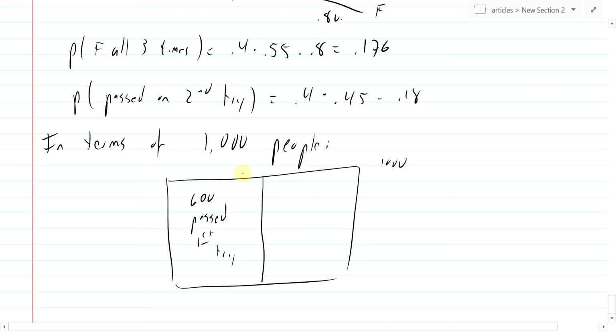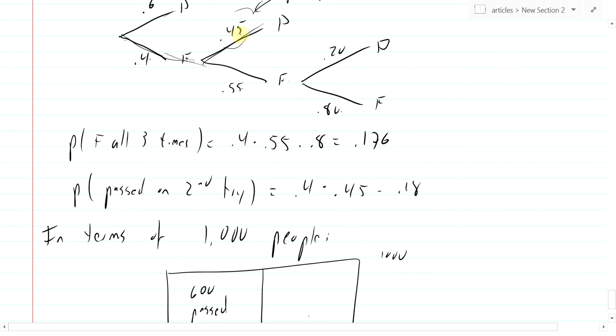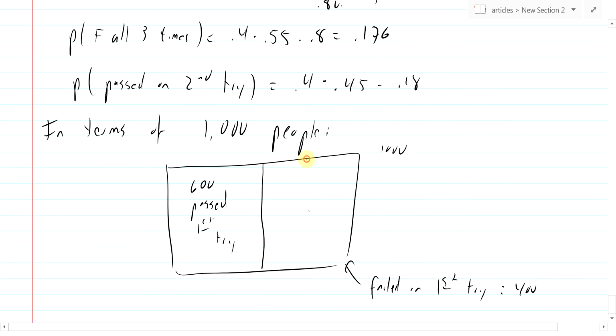So that's 600. And then we know 40% failed on first try. And that's 400. Okay. But this gets subdivided, right? 45% of them passed. And that's 180 on the second try. Right?